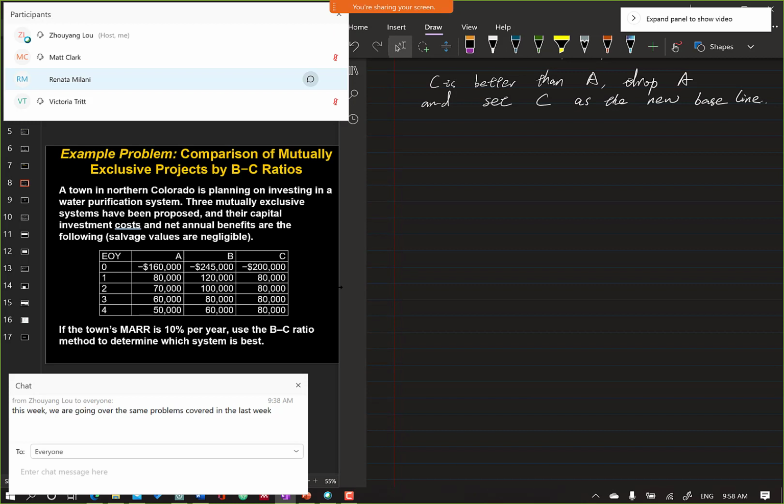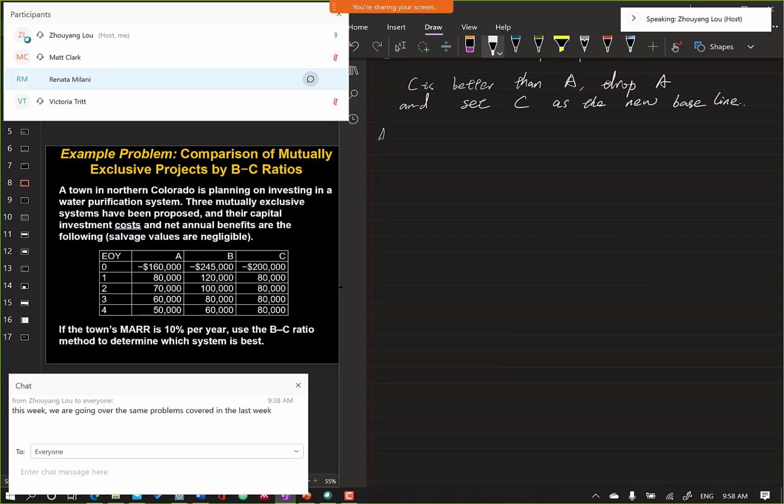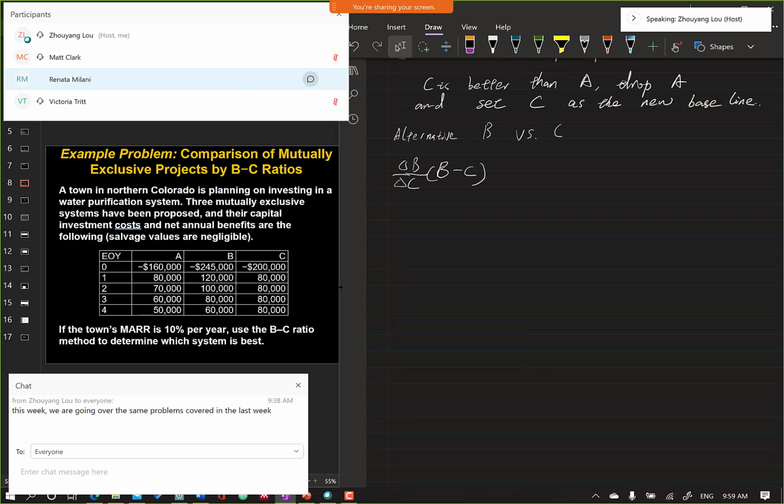Now we still have one project left, and that's B. We now have alternative B to be compared with C, sorry, compared with C, since we have already dropped A. So now we want to calculate the incremental benefit cost ratio between B and C. So that's exactly the same idea.